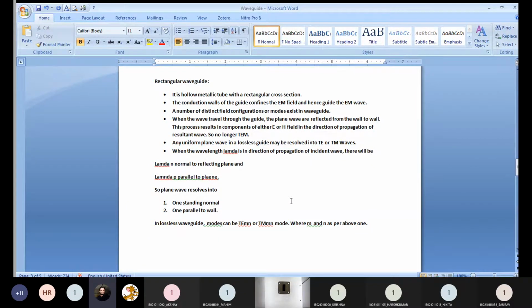As you know the structure of the waveguide, there are some conducting walls. These conducting walls of the guide confine the EM field, and hence guide the EM wave through that waveguide.